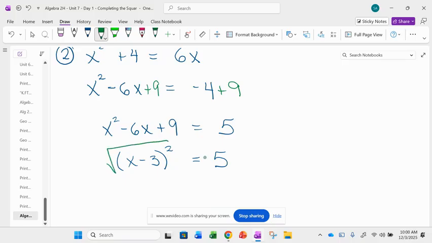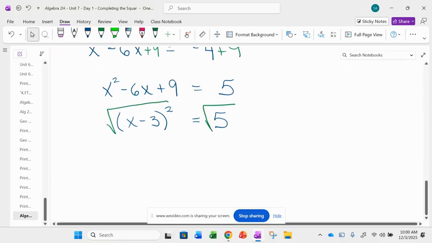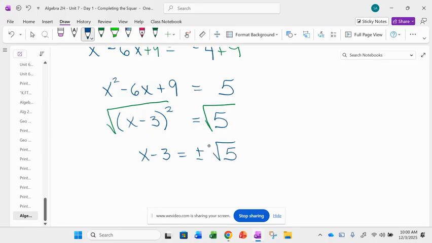So we square root the left side, we square root the right side. So we're going to end up with x minus 3 is equal to plus or minus the square root of 5. Add that 3 over. X is equal to 3 plus or minus root 5. All right, let's do another one.